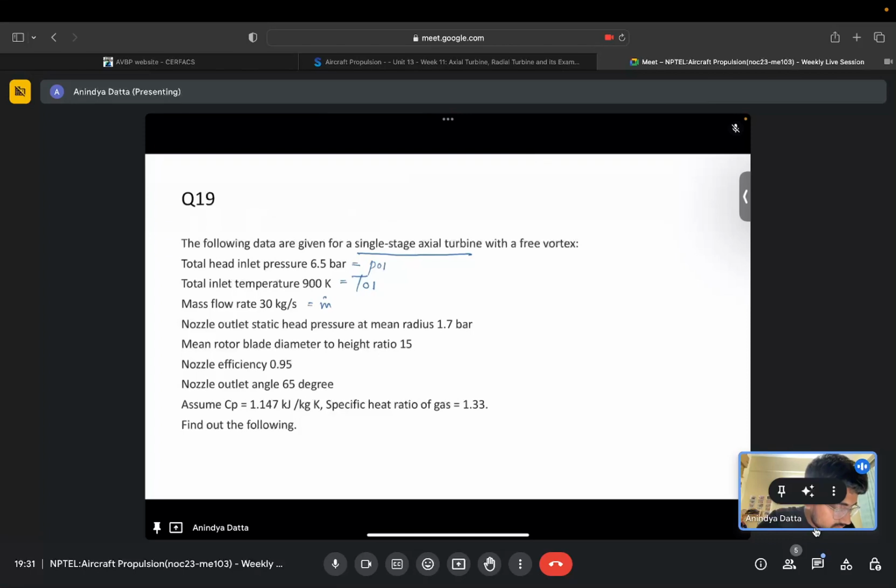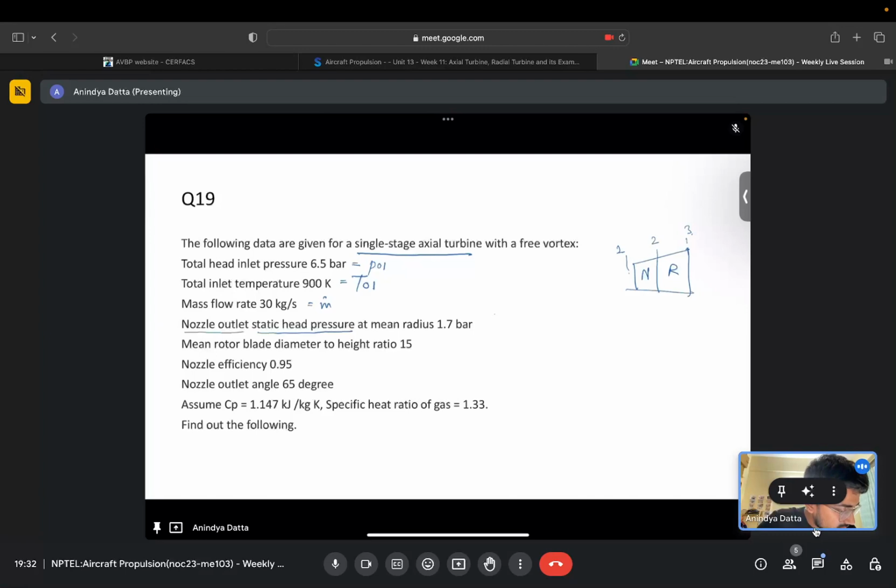Let's draw the turbine stage. We have the nozzle, then the rotor. This is stage 1, this is station 2, this is station 3. So nozzle outlet means station 2, static pressure.